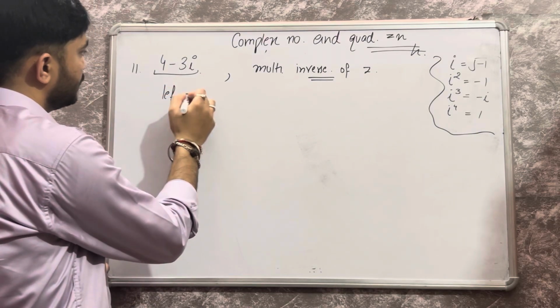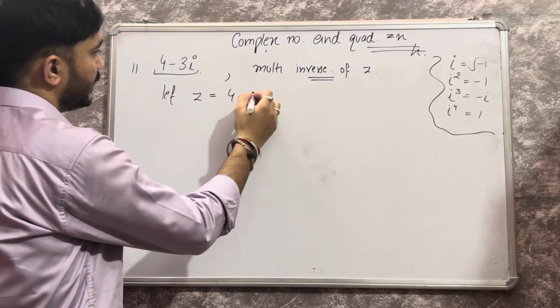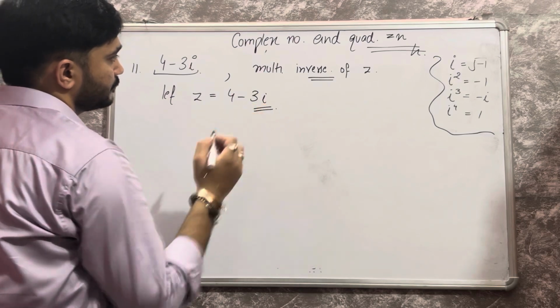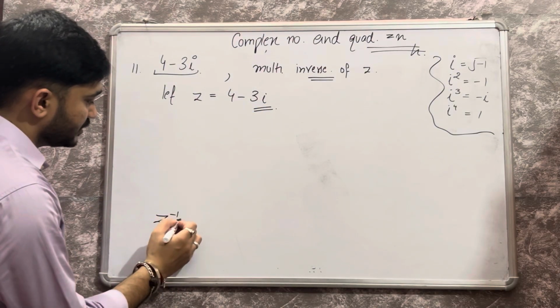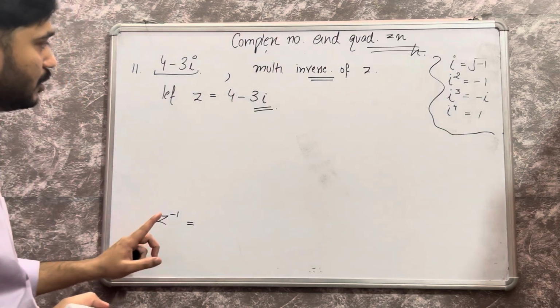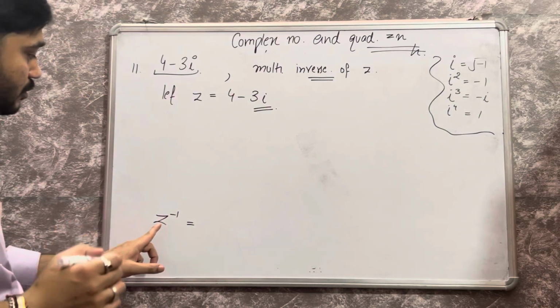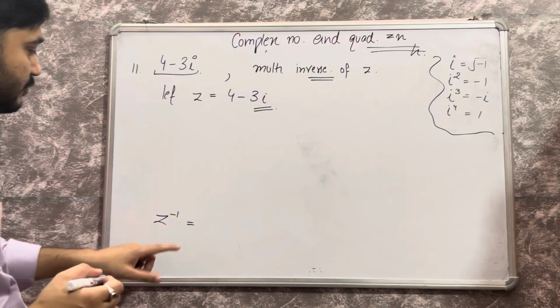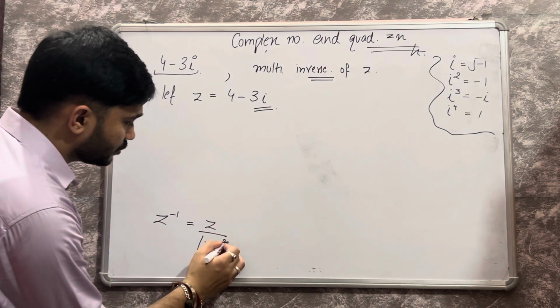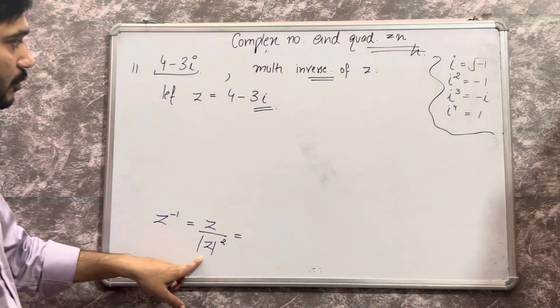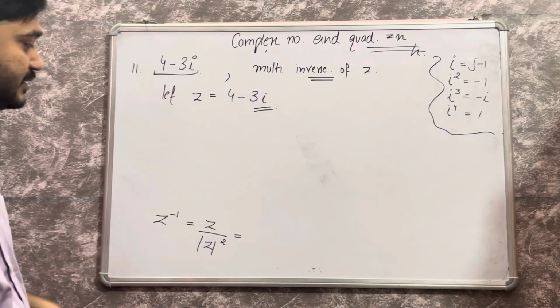Let z be equal to 4 minus 3 iota. Then we are going to find z inverse here. So firstly, let me tell you the formula of z inverse, that is z bar divided by mod z square.